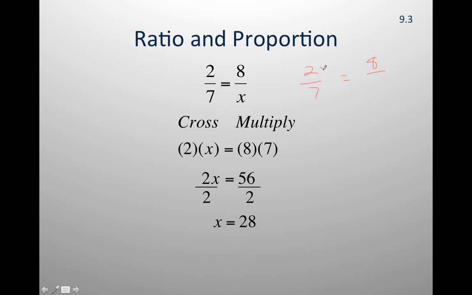So I'm going to say 2 times 4 equals 8, because they are equivalent fractions. And 4 times 7 equals 28. Okay, so that's a healthier way of doing it.